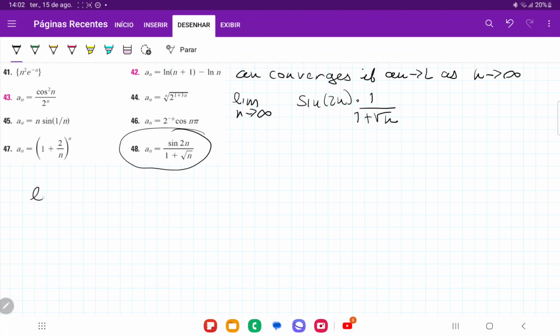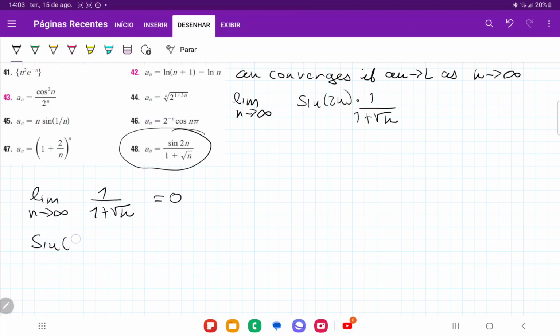So if we take the limit as n approaches infinity of 1 over 1 plus root n, the top is just going to be 1, and on the bottom, 1 plus root of infinity is still infinity. So this is going to be 1 over infinity, which is 0. It's 1 divided by a very large number, which gives us essentially 0. And so the first part of it goes to 0.